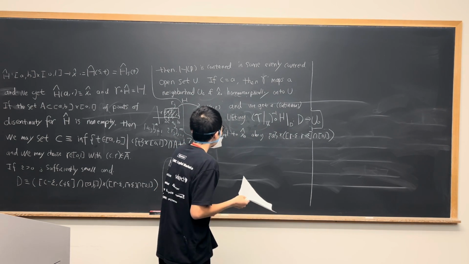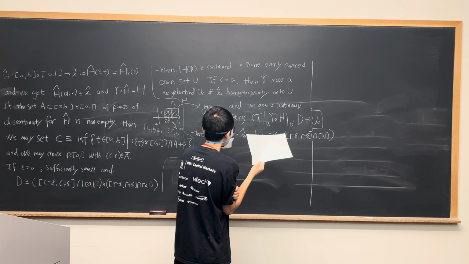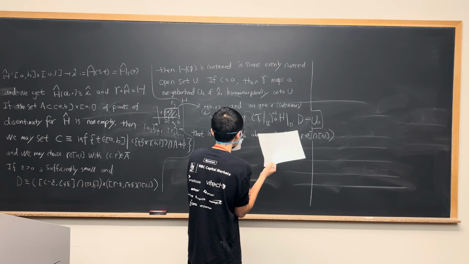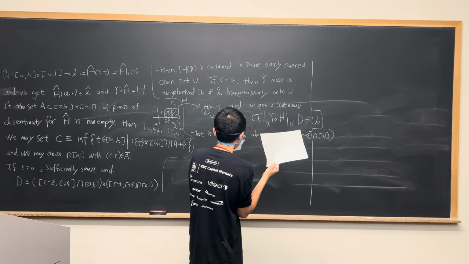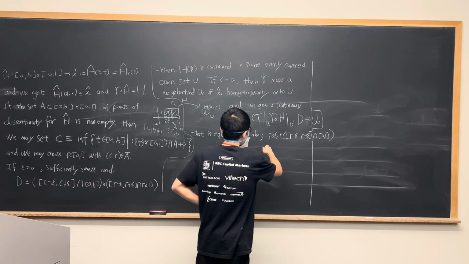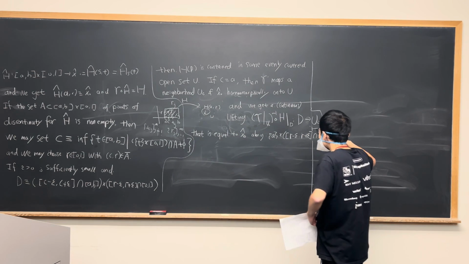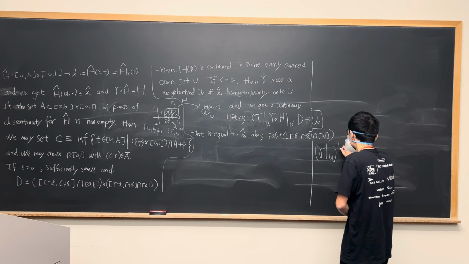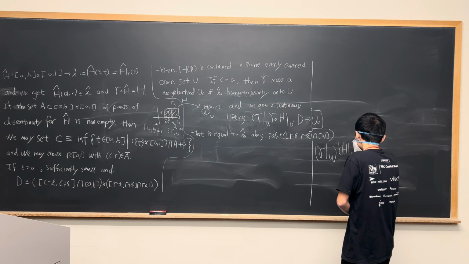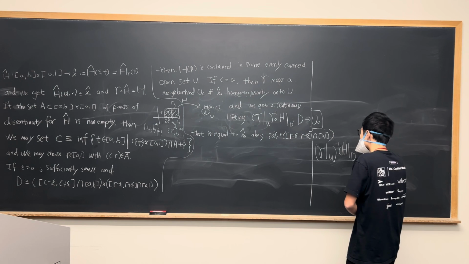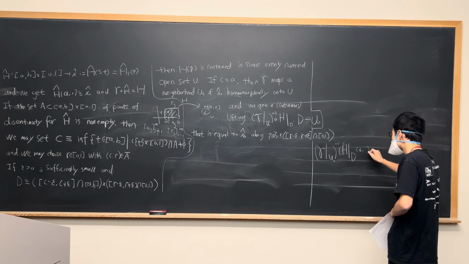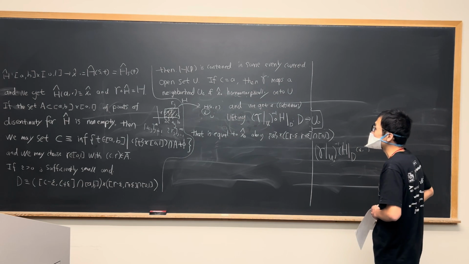Because if you take any a, you know that this H restricted on D of a and anything, which is the same as H, is equal to x naught.